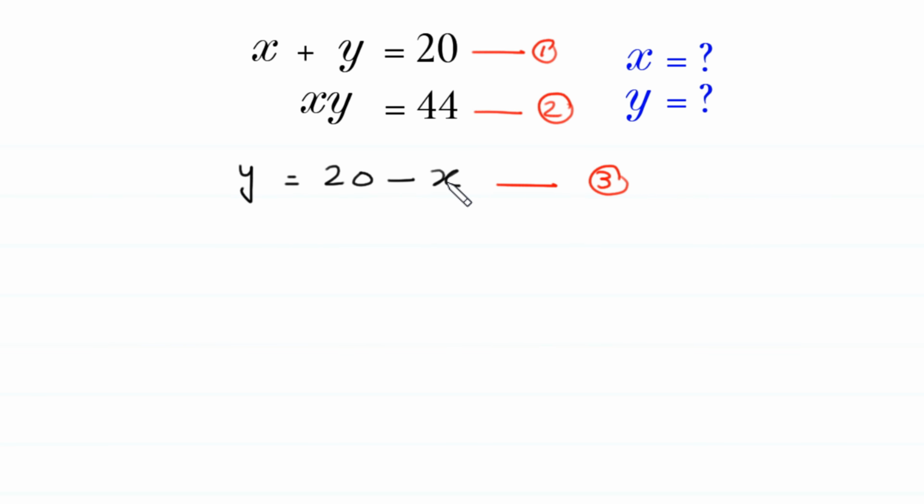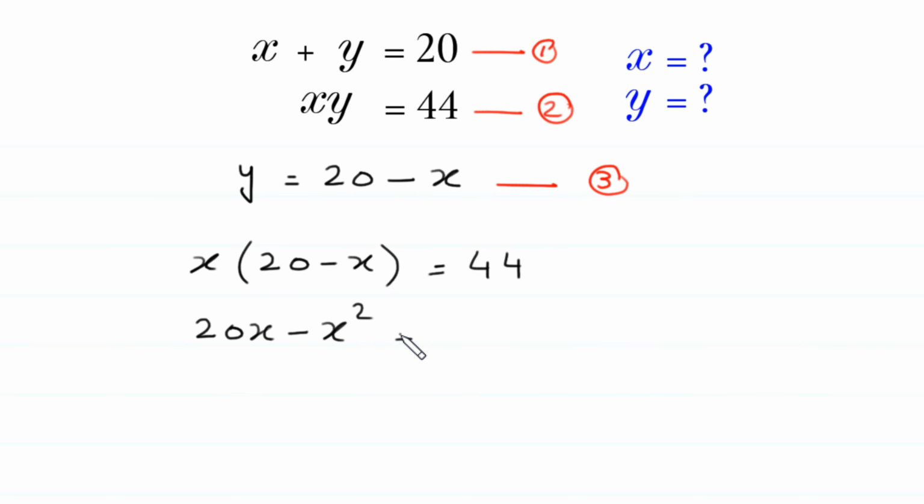Now from equation 3 we put the value of y, 20 minus x, in equation 2. x times the value of y, 20 minus x, is equal to 44. Next, x times 20 is 20x, and x times negative x is negative x square, equal to 44.